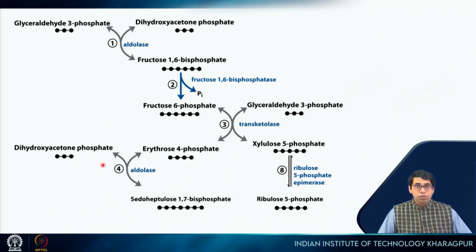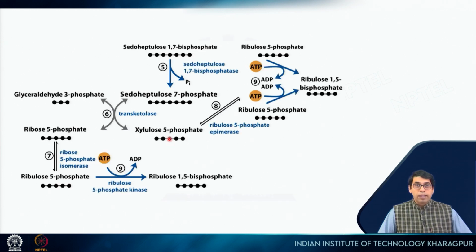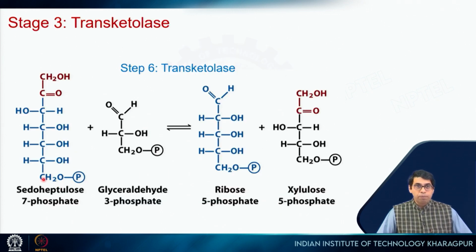So erythrose and xylulose are formed and then it will go to 2 different paths. Erythrose combines with this to form a 7 carbon molecule, and then that 7 carbon molecule combines with another 3 carbon to form 2 5 carbon molecules. So this is again catalyzed by transketolase. So let's look at that. This is the 7 carbon molecule 1, 2, 3, 4, 5, 6, 7 and 3 carbon from the glyceraldehyde 3 phosphate 1, 2, 3.